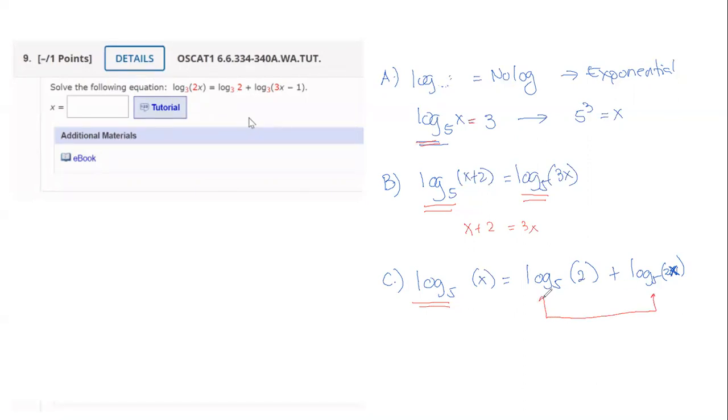In order to cancel them, these two should be combined into one log 5, because you have two expressions there. They need to be combined into one log so that you can revert back to a solution similar to letter B. So let's review things in expanded form, where you have multiple logs on one side of the equal sign.